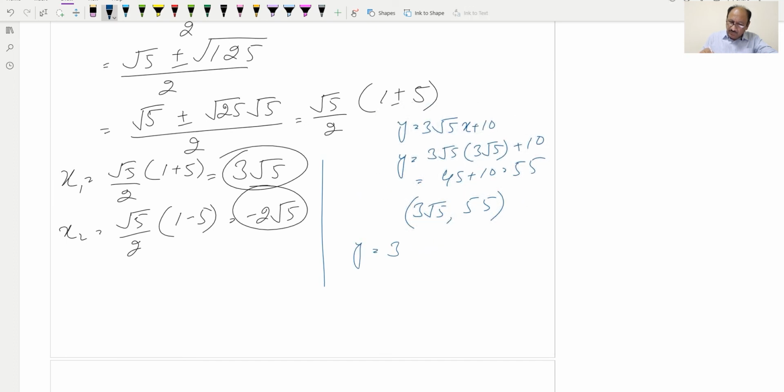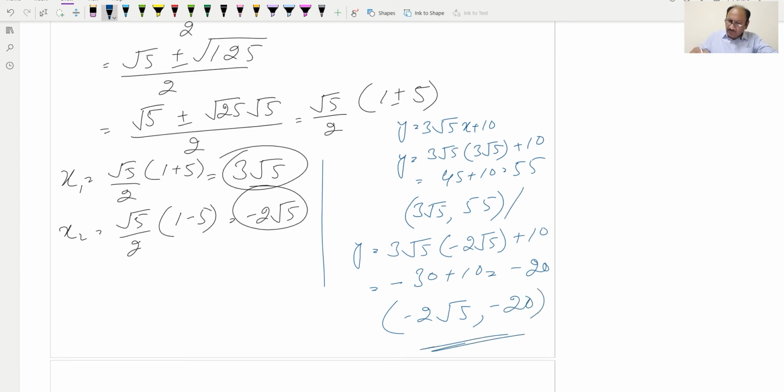Y is equal to 3 root 5, and the x value we will be replacing minus 2 root 5, plus 10, and this will be equal to minus 6 into 5 will be 30, minus 30 plus 10, which is equal to minus 20. So our second point will be minus 2 root 5 and minus 20. So these will be the 2 points which we were supposed to find.